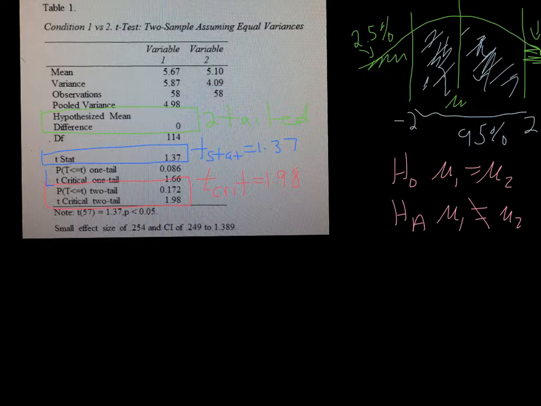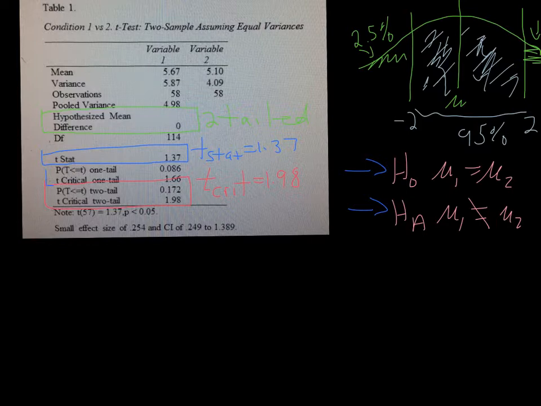Now that we have those two values, we're going to compare them and try to either accept the null, which says that those are basically equal, or reject the null, which says that they're significantly different.